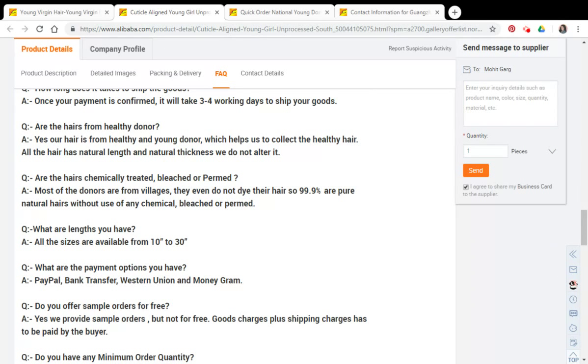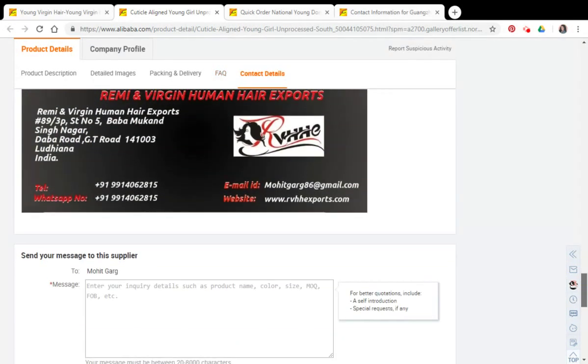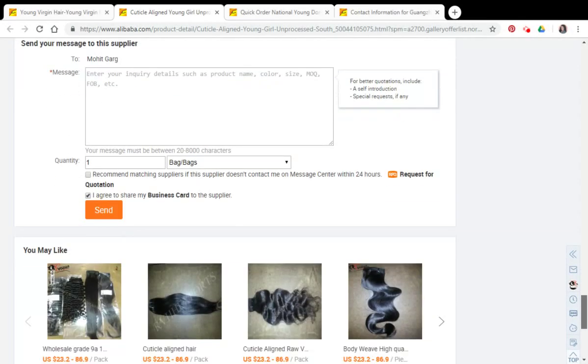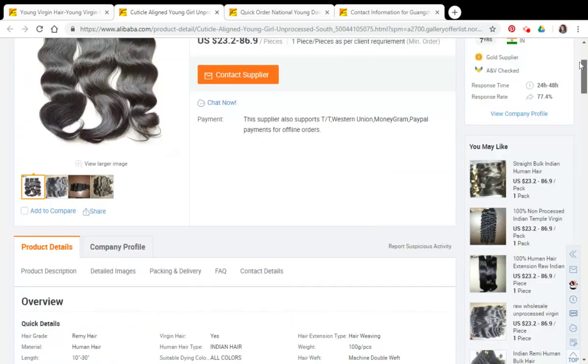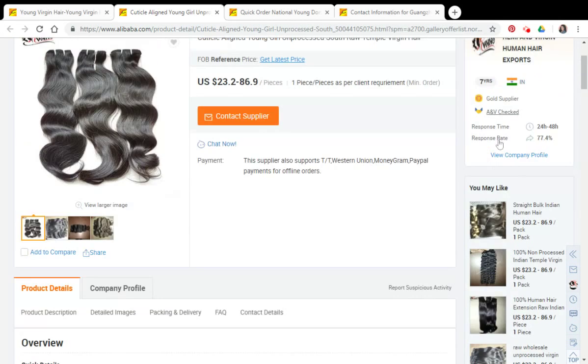Okay, so if you were looking for, say, a different type of hair, if you were going through this process and you didn't see any Chinese vendors that you would potentially like, you could use one of these vendors. This vendor also has various different body waves and things like that. So you would go to the company profile. Again, this is an Indian vendor, and some Indian vendors do accept PayPal.